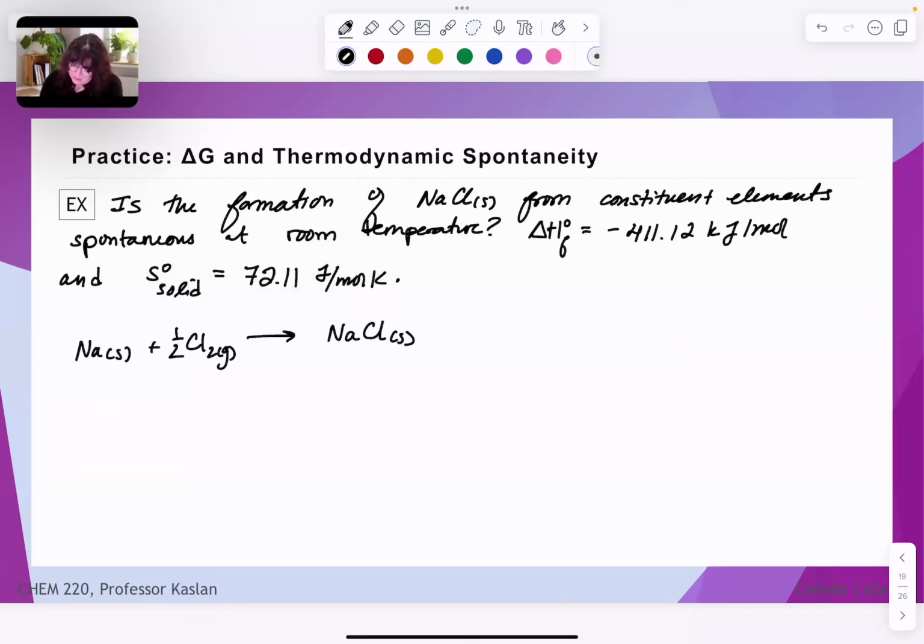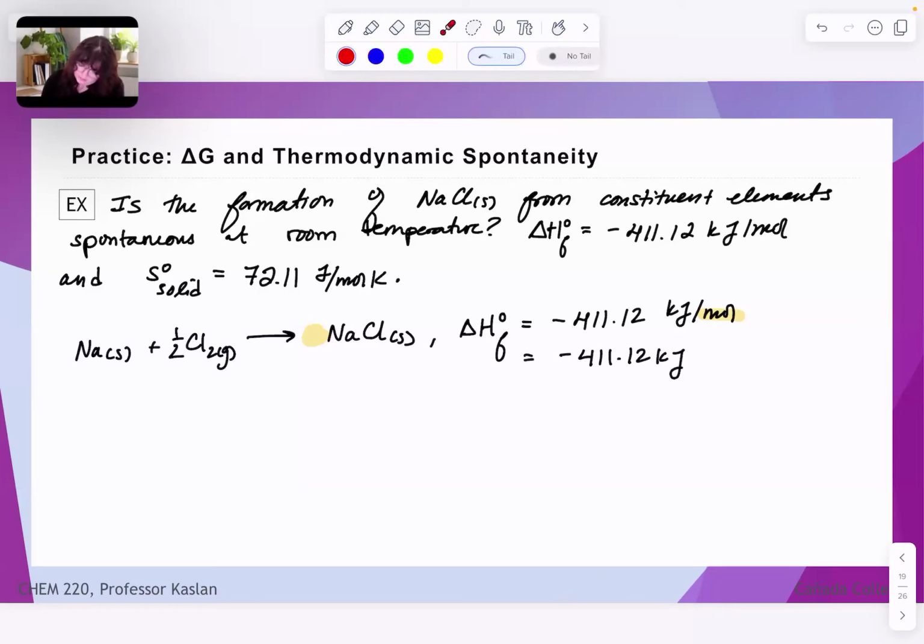Okay, I have given us some information here. I know that for this reaction, the standard enthalpy of formation is negative 411.12 kilojoules per mole. And since we formed by definition 1 mole, I'm just going to drop the per mole and leave it as implied. So this is going to be negative 411.12 kilojoules.